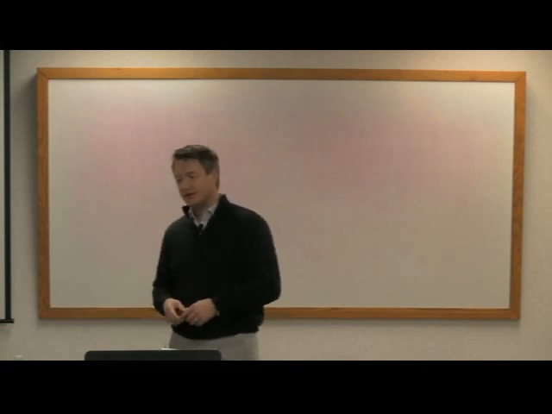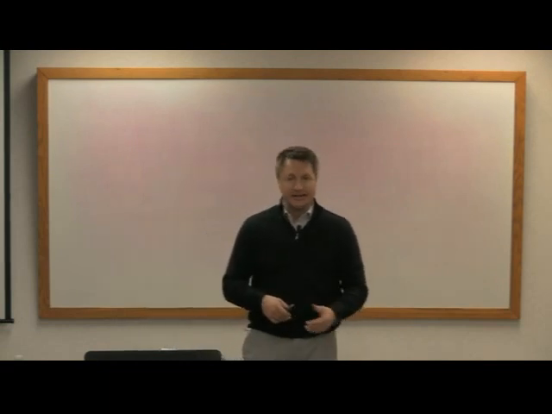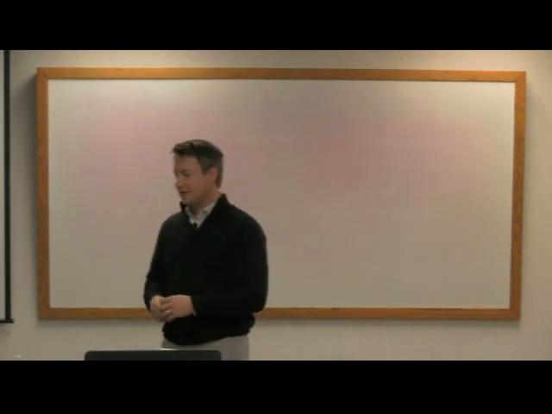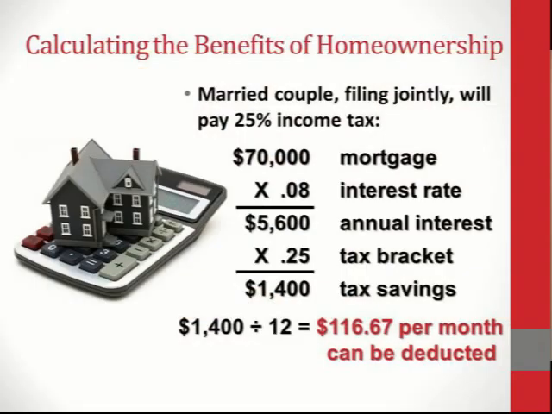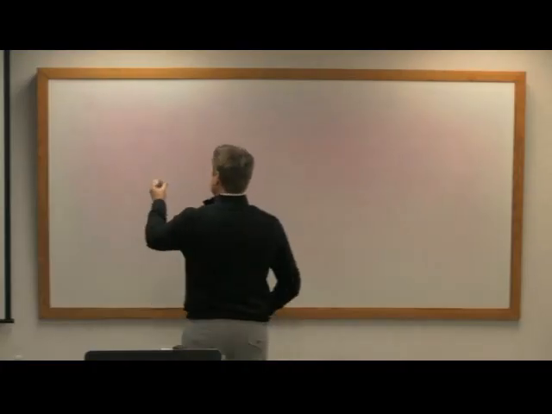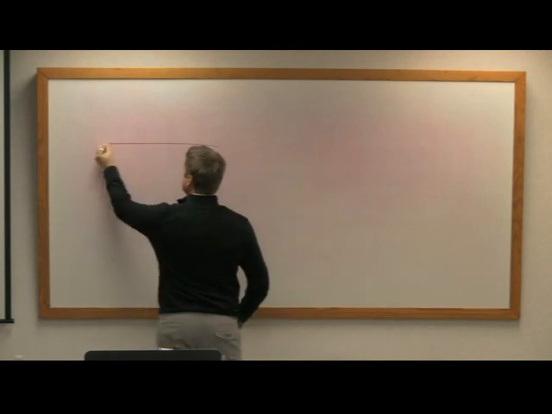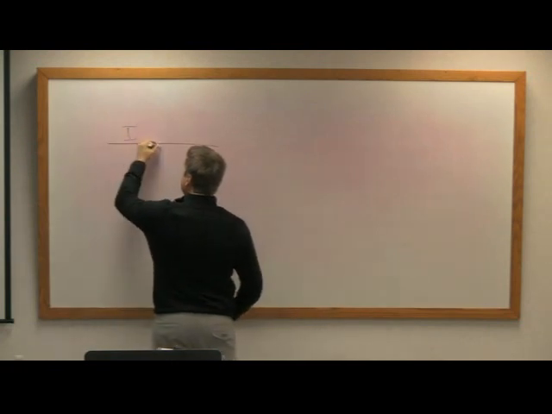They're going to tell you that they're in the 25% income tax bracket. They'll tell you either what their annual interest is that they're paying, or they'll give you the mortgage amount and the interest rate, which really all they did here was use this ERV formula because we're trying to figure out what the I is.